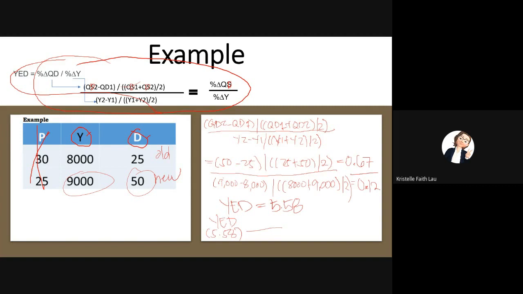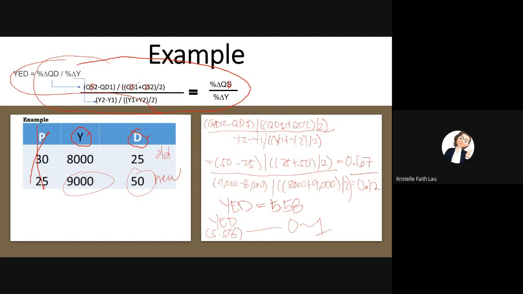So, for the interpretation here, dalawa kasi siya. Kaya yun yung sinasabi ko, if 0 or more than 1 or 1 siya. Under the income elasticity, we have three different goods: inferior goods, normal goods, and luxury goods.